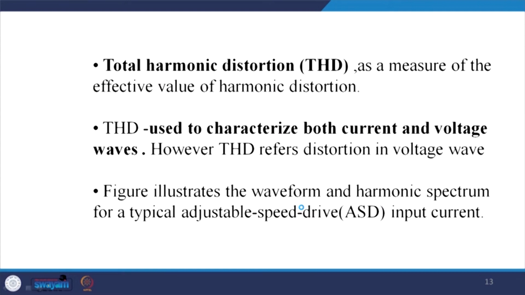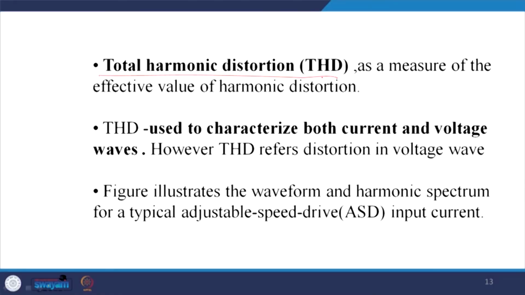Now, a few terms which you have been familiar with for a long time, we are describing here just to recall. These are total harmonic distortion, THD, a measure of the effective value of the harmonic distortion, and THD is one of the prime criteria in power quality. It is used to characterize both current and voltage waves.